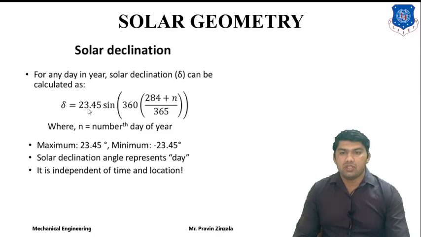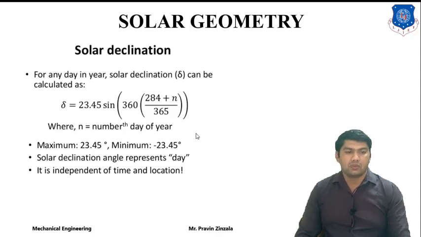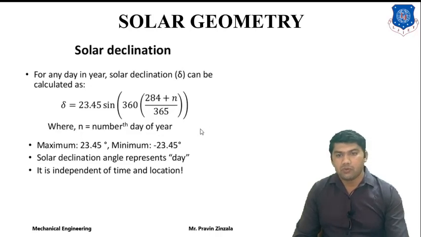This is the equation for measurement of solar declination: delta equals 23.45 times sine of 360 times (284 plus n) divided by 365, where n is the number of the day of the year. For example, for 5th January, n is equal to 5. If we are calculating 2nd February, it means 31 days of January plus 2 days of February. So we can calculate the declination angle on different dates and at different times.